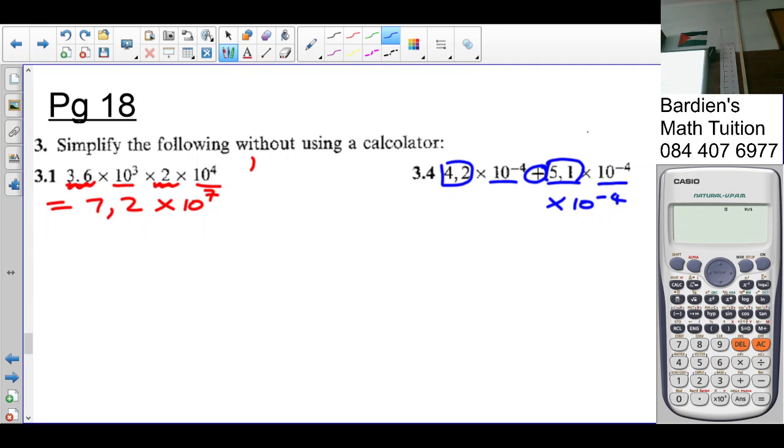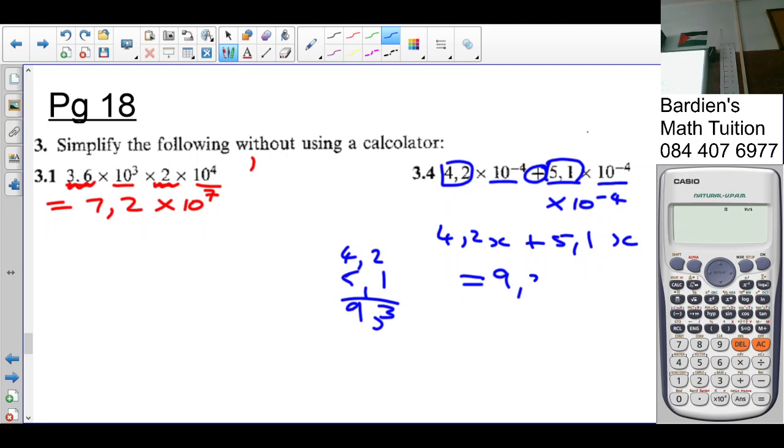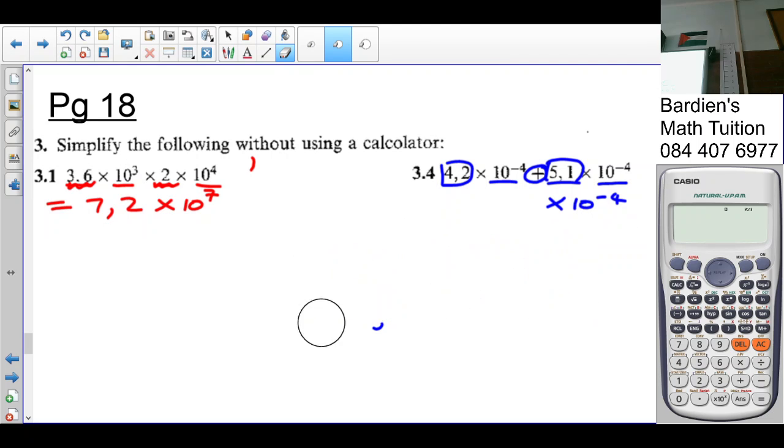Does it make sense? This is like saying 4.2x plus 5.1x. And I can just add this. 4.2 plus 5.1 is going to be 9.3x. Not so? Likewise, in x's place, what do I have? 10 to the negative 4.